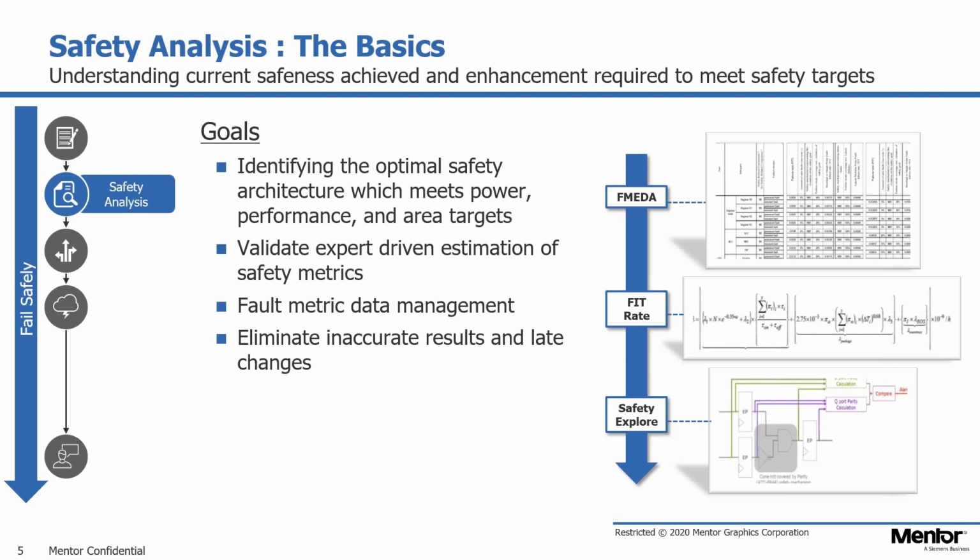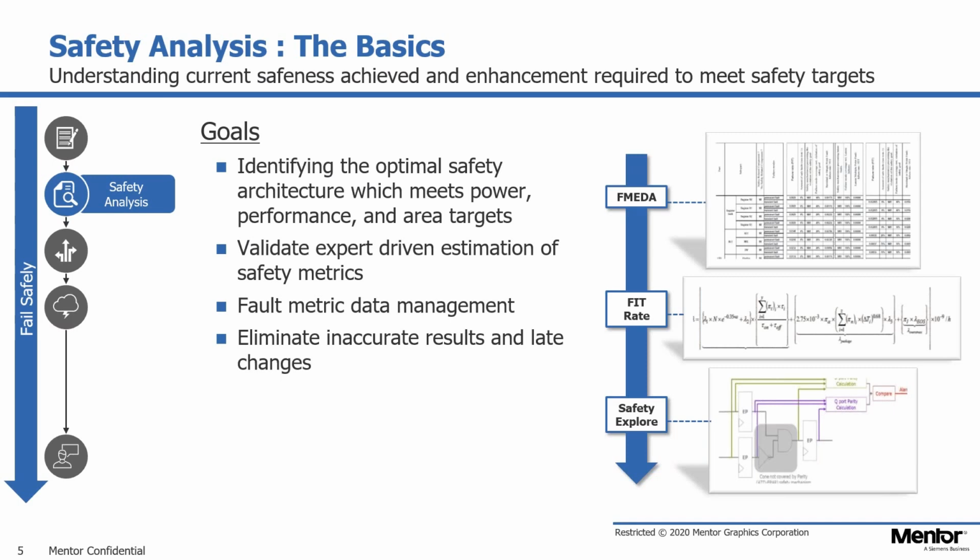This can become a problem because as soon as we realize that after insertion of our safety mechanisms the area targets cannot be met anymore, there's a significant problem within the overall design cycle. However, there is some more at stake because we need to come up with the metrics for our certification authorities, and we need to check that what our experts have estimated can be proven.